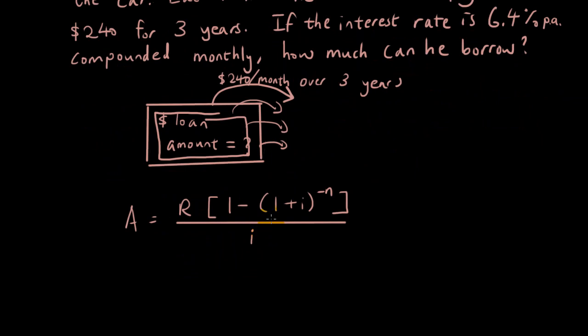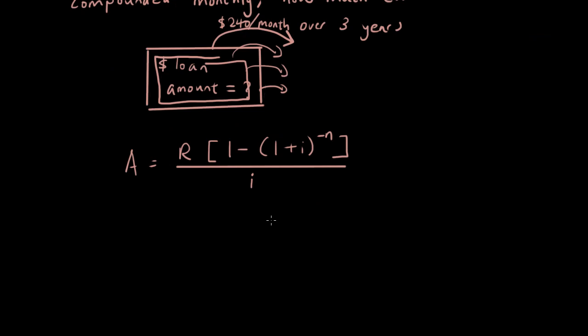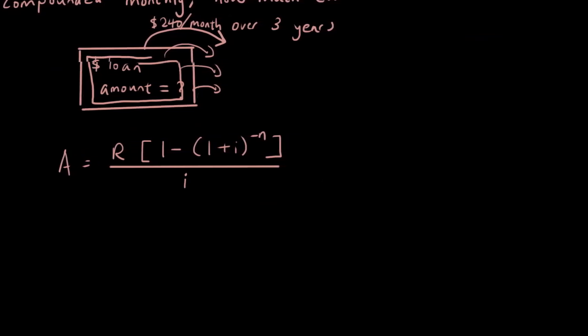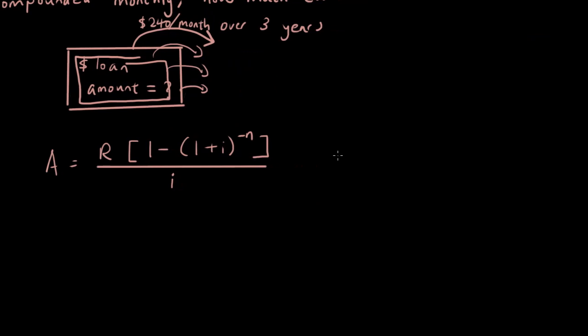Okay, so this is the formula for finding the present value of annuity. Now, depending on what textbook you guys use or which lecture notes you guys have, you might see different formulas, but they should all be in the same structure, I would say. So what are these symbols?